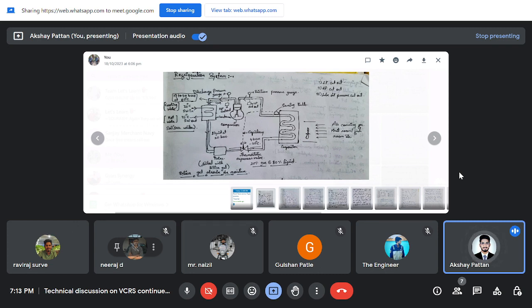Any guess? No, I am asking why high pressure takes place in the cycle. What are the factors that are causing high pressures inside the cycle? Any guess? Okay, should I tell?